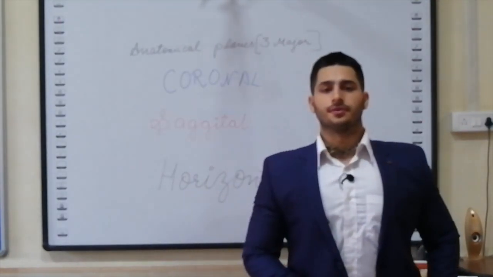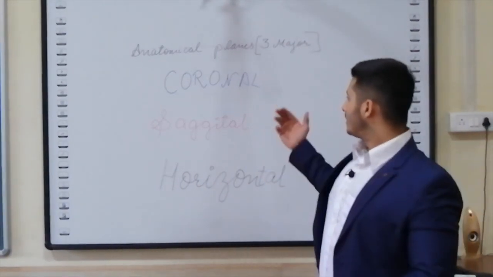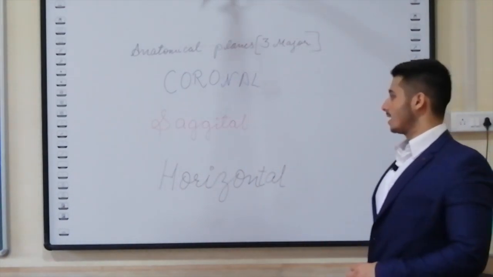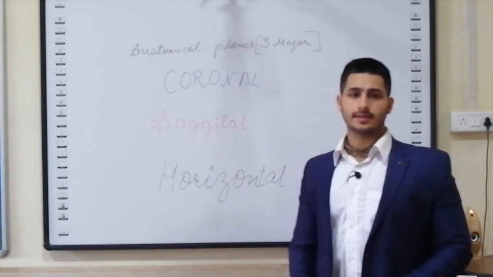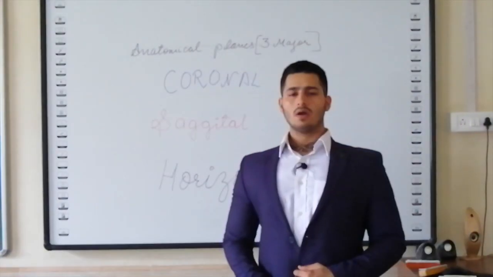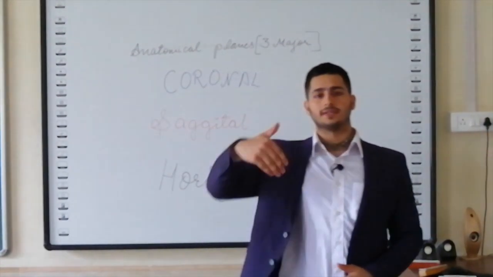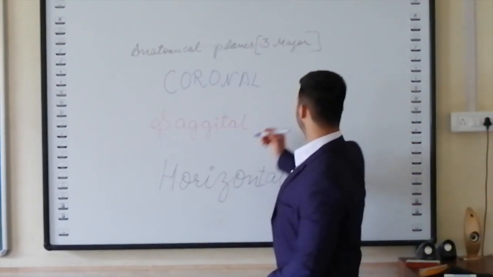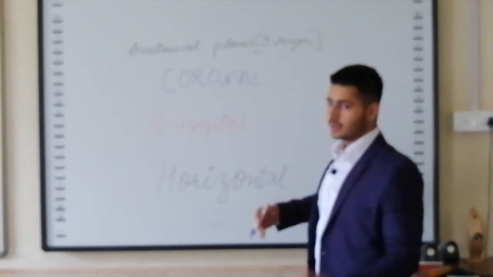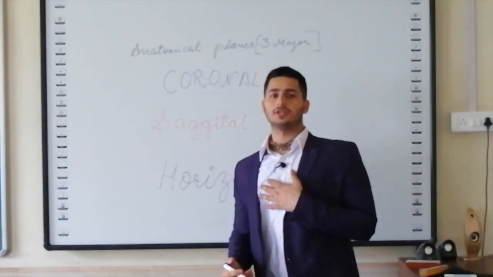Now we move further to the anatomical planes of the body. There are three major anatomical planes in the body. The first one is the coronal plane. When we talk of the coronal plane, this plane is oriented vertically. It divides the body into anterior and posterior portions.